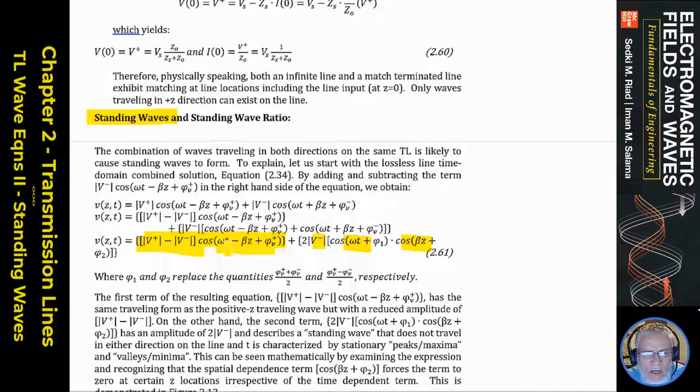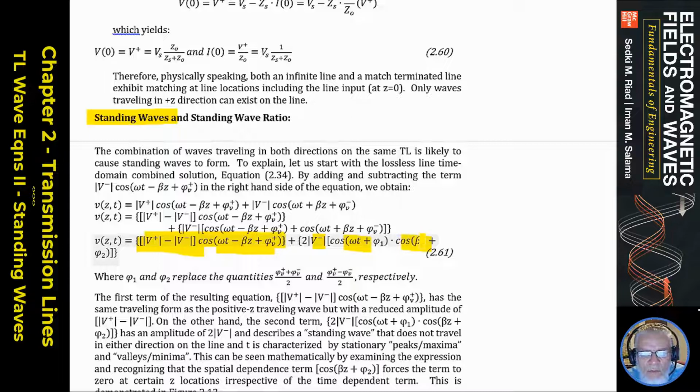Alright, as time changes, position changes. Here, as time changes, the amplitude changes. The position change and time change are multiplied by each other. So there could be a location where that cosine is equal to 0, and no matter what happens to the time, the amplitude here is still 0.